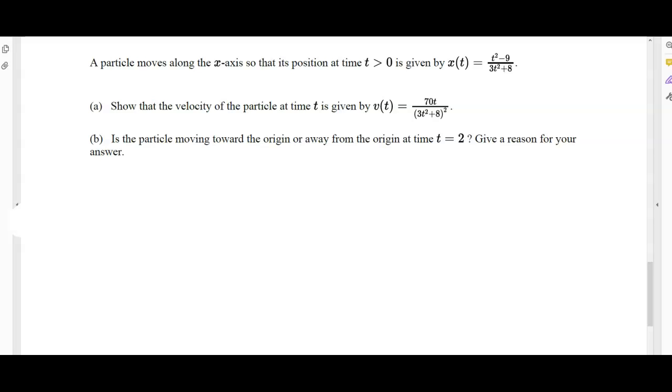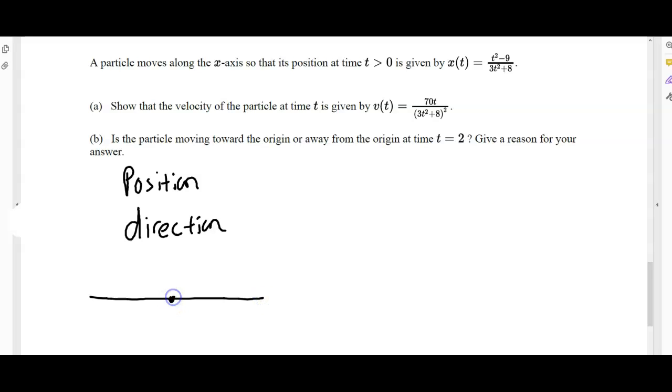All right. Is the particle moving toward the origin or away from the origin at t equals 2? So in order to find out whether it's moving toward or away from the origin, I need to know 2 things. I need to know where it's located, and I need to know what direction it's moving. Okay? So, for instance, let's say that this is the origin, and let's say that my particle is somewhere over here.